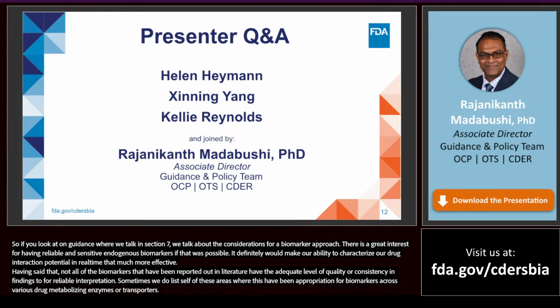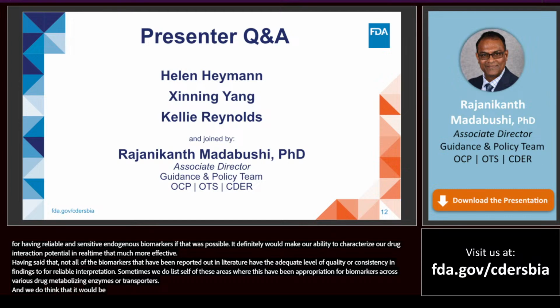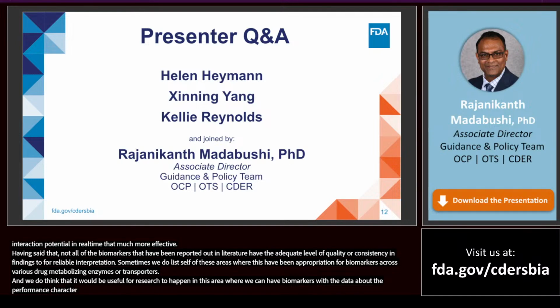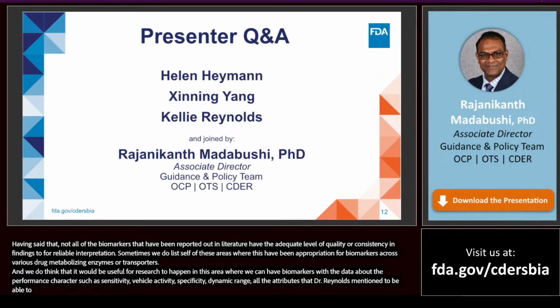And we do think that it would be useful for research to happen in this area, where we can have biomarkers with data about their performance characteristics such as sensitivity, selectivity, specificity, dynamic range, all the attributes that Dr. Reynolds also mentioned, to increase our confidence with respect to some of these biomarkers.